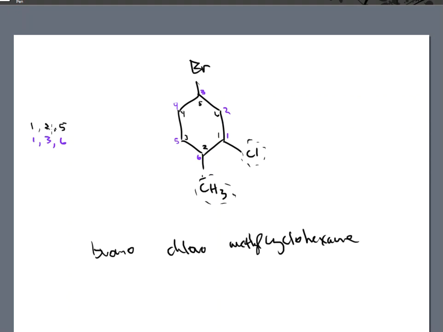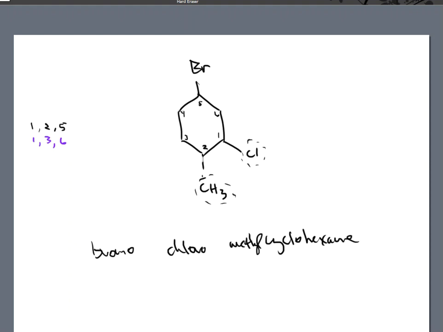Now compare these. Out of these two choices that you've done so far, which one's better? And I hope that you would look at the one in black, because that gives me the lower numbers, 1, 2, and 5. All right, so that means that this purple option is a worse option for me. So I'm going to erase it. Right now, the black version actually suited me a little bit better.